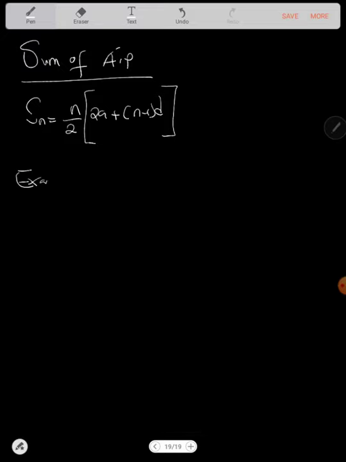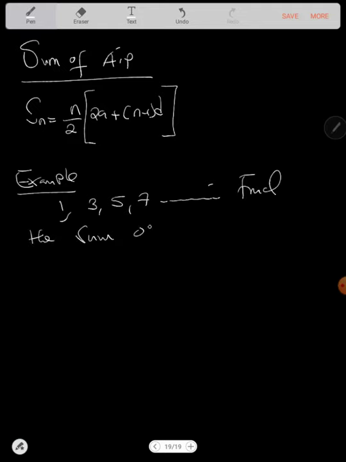Example, if I have a sequence of 1, 3, 5, 7, and I say find the sum of the first 20 terms.